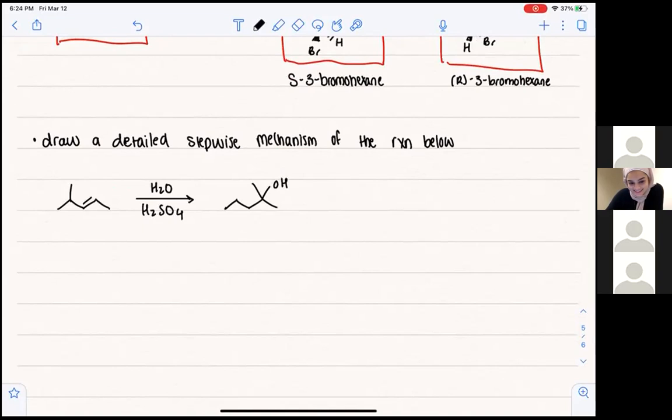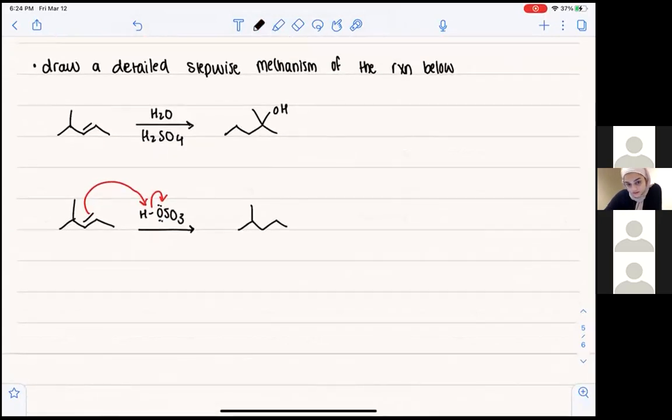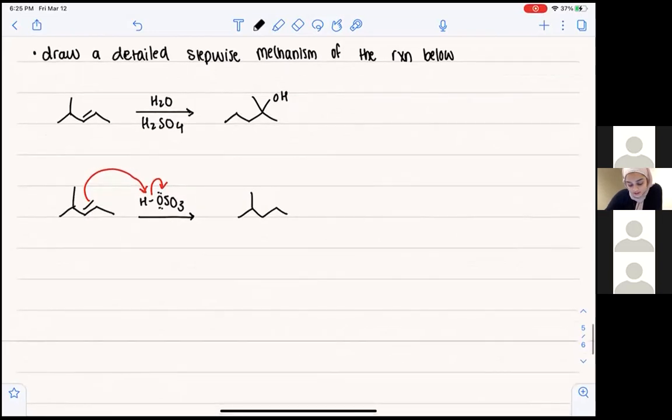How pretty. Again, one of my favorite mechanisms. Here we have HOSO3, is how I like to draw that out. This is going to come and grab this hydrogen. Oxygens go over there, leaving us with this. Is this Markovnikov or anti-Markovnikov? Markovnikov? For acid catalyzed? Yes, it is Markovnikov. Great.